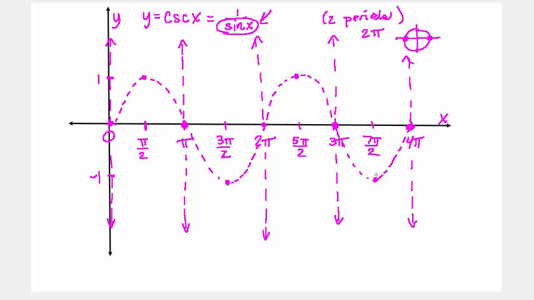All right, so just like with secant, at all the max and mins, we're actually going to use those points to generate these branches, which look just like they did for secant. They're going to be U-shaped branches that stay within the asymptotes and actually chase the asymptotes in the direction they're going each time. So the first branch between 0 and pi is a U-shaped graph going up to the left to 0, up to the right toward pi, and then the second branch between pi and 2 pi is the opposite.